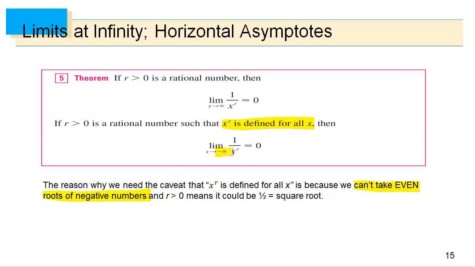And so if we're plugging in negative values for x and r is a positive rational number, right? A rational number means it could be a fraction. So if r was 1/2, that is actually greater than 0, but that is the same thing as taking a square root, and then we would have problems, because as we go out to negative infinity, it's not defined. Okay, so that's the one thing we have to worry about, if we're going to negative infinity, we have to make sure that the powers play nicely.